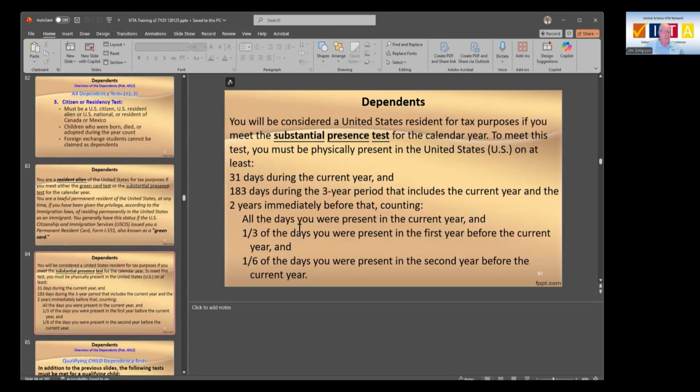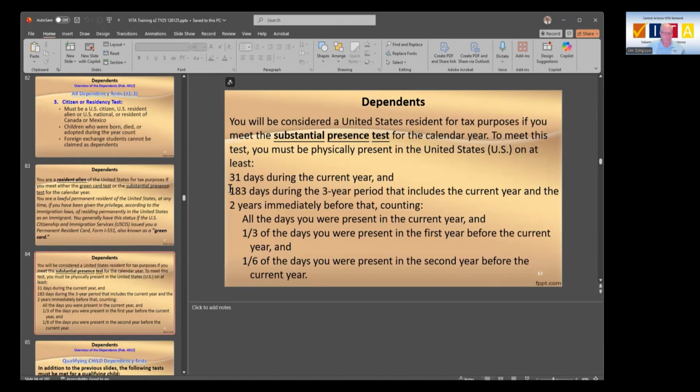There are a couple of slides here. It actually gets more complicated than this, but it gives you an idea of what the substantial presence test is. First of all, unless you've got several years of experience doing this, if you come across something like this, get the site coordinator involved.